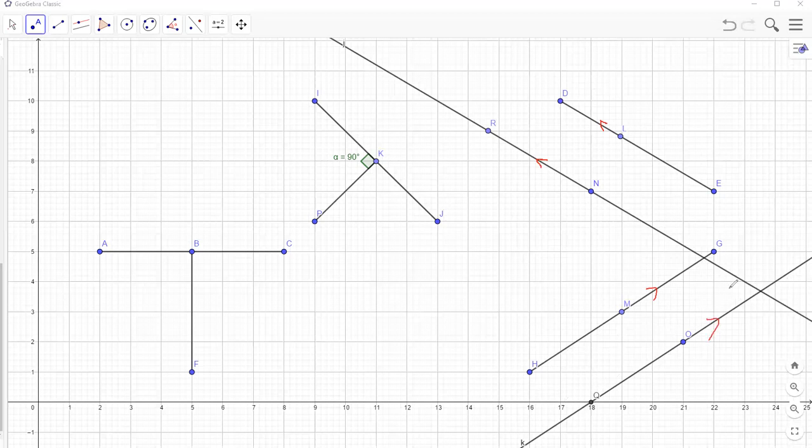Now this one is a line because it has no starting point or end point, but it's a line with 2 points defined on it, Q and O. I want us to observe what happens to the gradients of these two lines. The coordinates of Q are 18 and 0. The coordinates of O are 21 and 2. The coordinates of M are 19 and 3. The coordinates of H are 16 and 1.